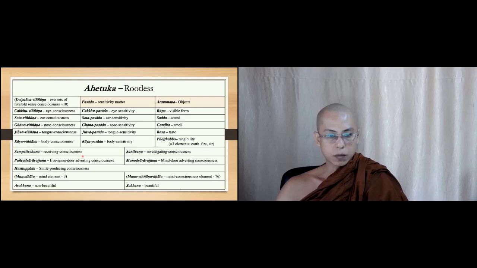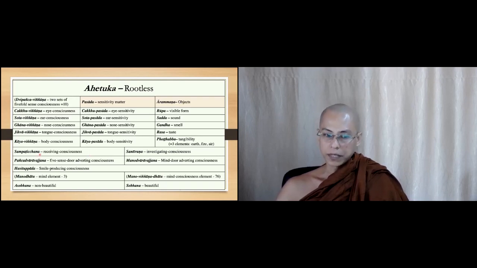We cannot explain who made this and why it happened in this form. But this is a natural phenomenon. It arises in its own nature. That's why this type of consciousness receives the object in the process of mental phenomena.